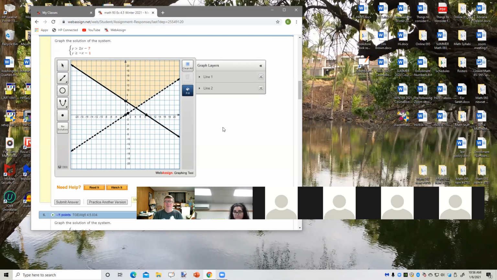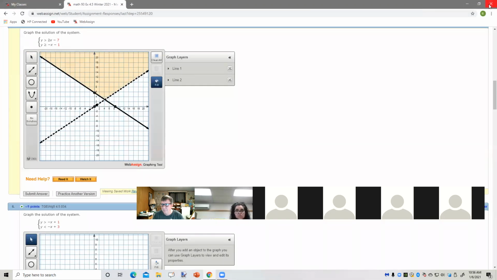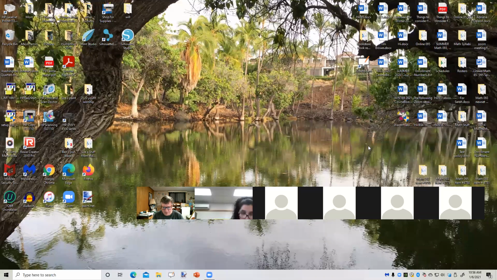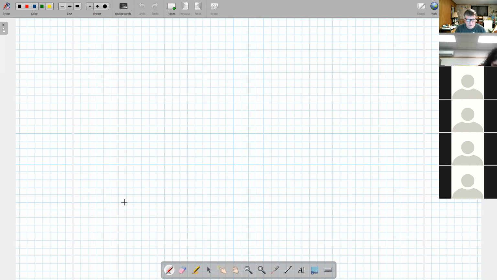All right. We're going to go back and do that same problem that we did a minute ago. Somebody asked to see it using slope-intercept form.